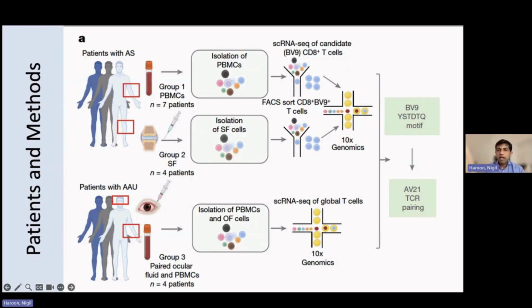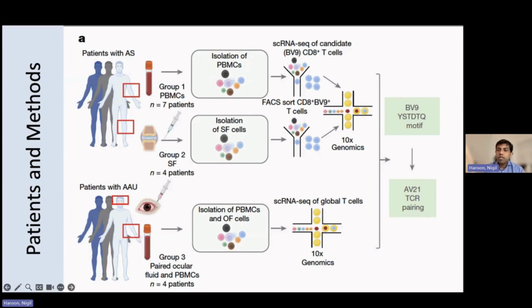They isolated the peripheral blood cells, the synovial fluid cells, and the eye cells, and did something called single cell sequencing, in which each individual cell was sequenced and the type of T cell was identified. All the different types of T cells were identified.